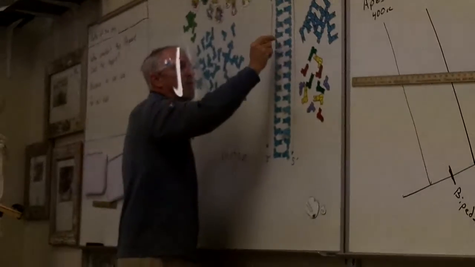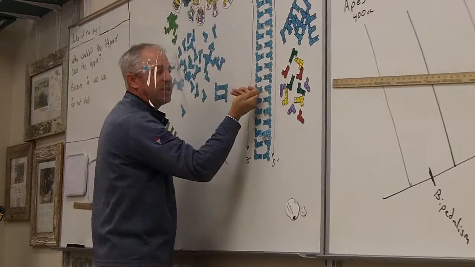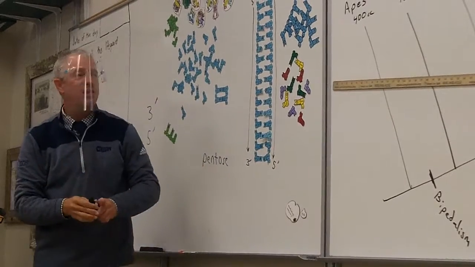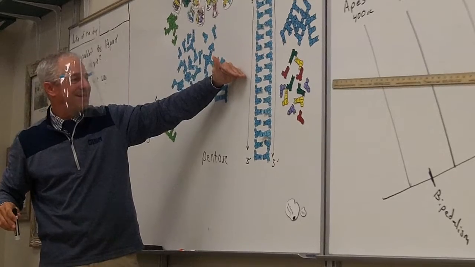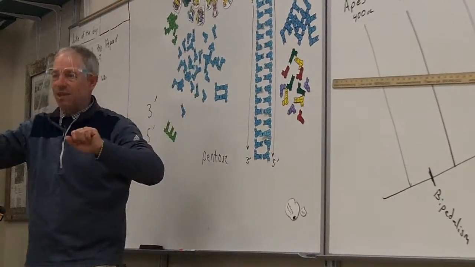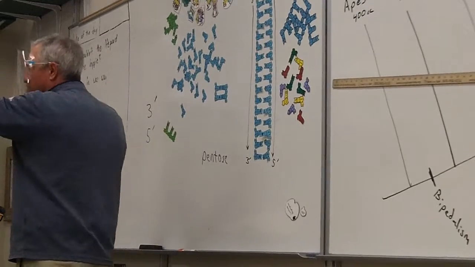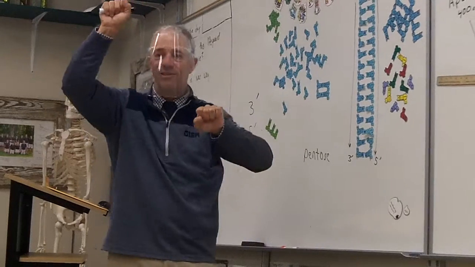Every 10 bases that you count down, 1, 2, 3, 4, 5, 6, 7, 8, 9, 10, it would have done one full twist. It does a full twist every 10 base pairs. And so it's like a twisted ladder. If you're climbing up this ladder, you'd be going in circles. Every 10 runs, you do a circle.